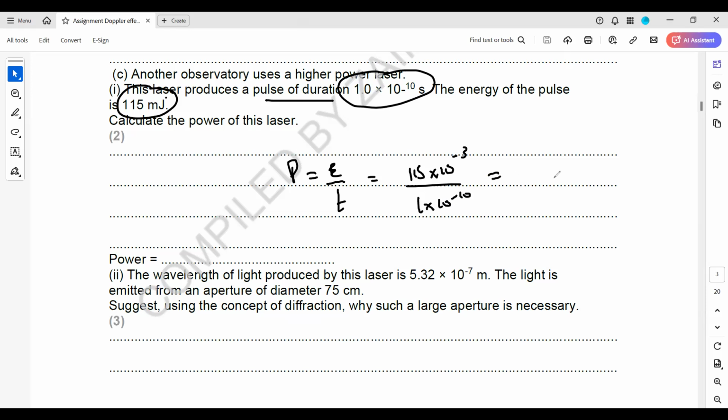So when you divide, you will get the power. The unit will be joules per second, or watts. So the power is 1.15 times 10 to the power 9 watts.